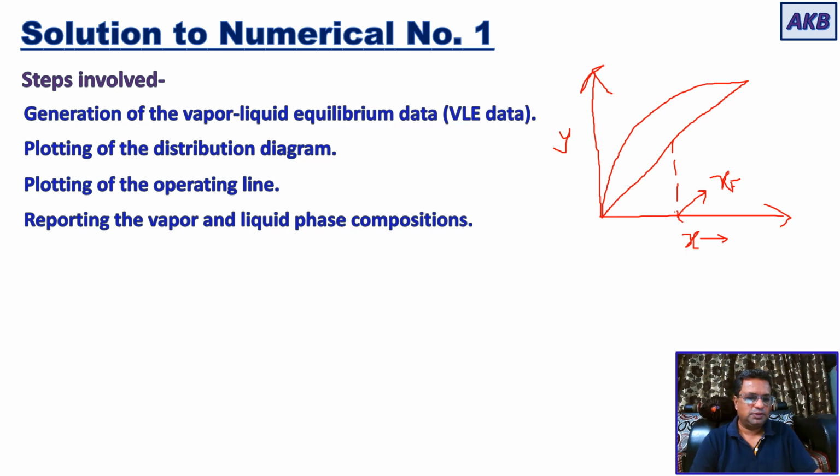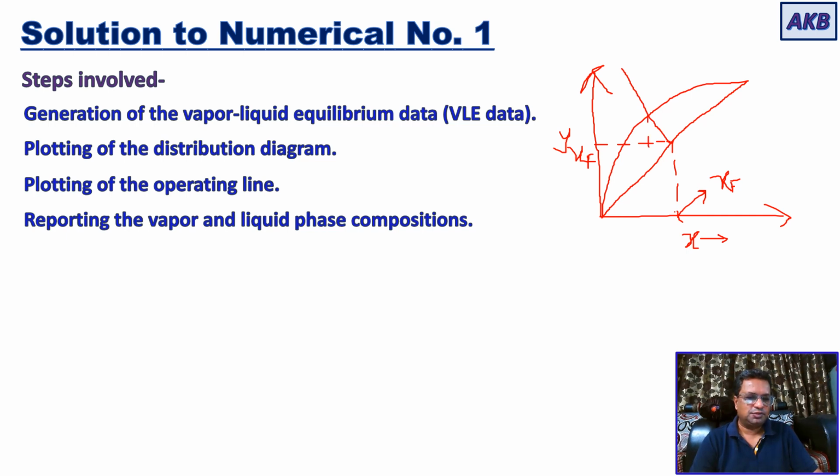Once you get this point, the y coordinate for this point will again be xf, because the point is lying on the diagonal line, and then we plot the operating line, and we are interested to know the coordinates of this point.